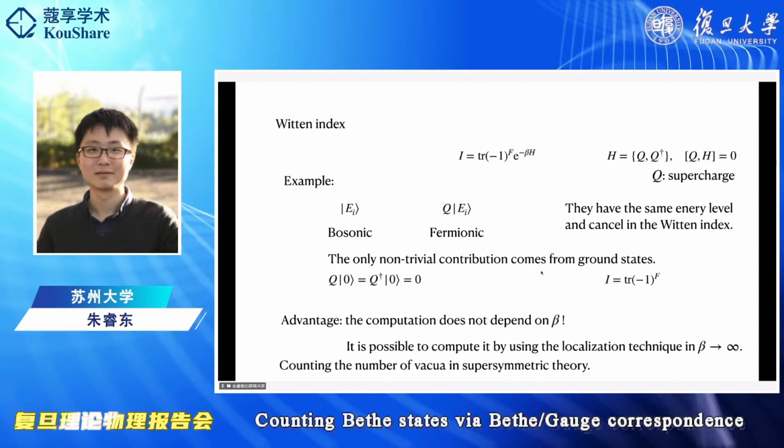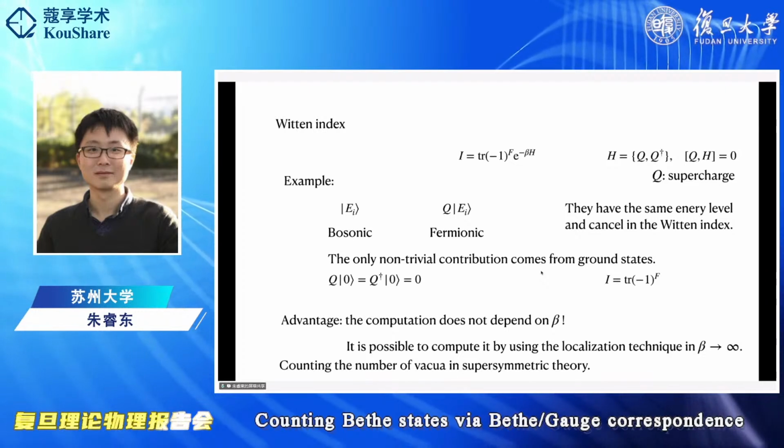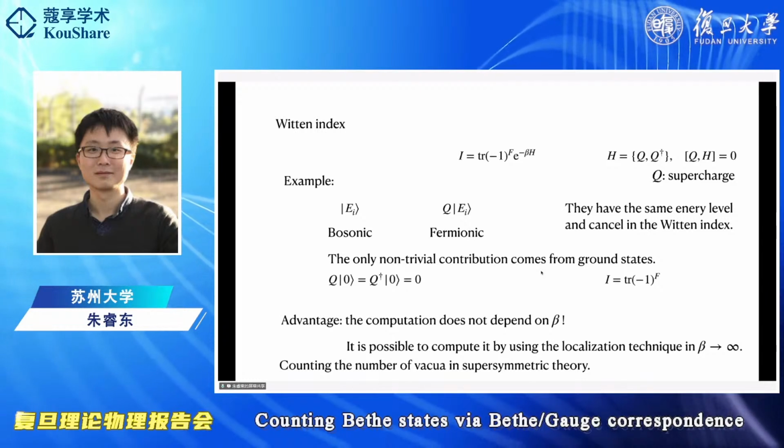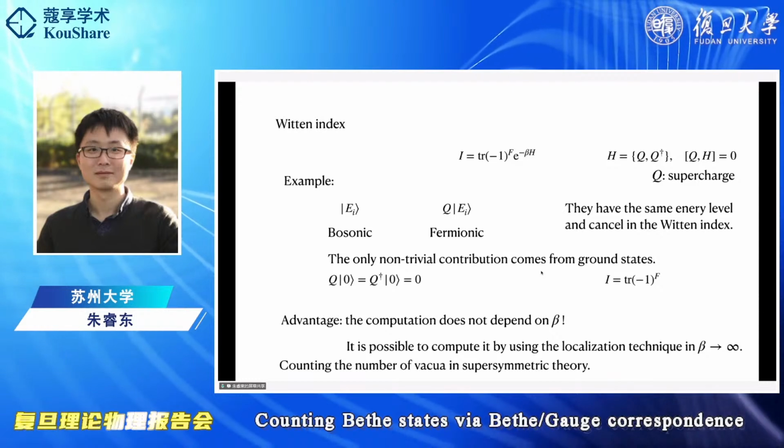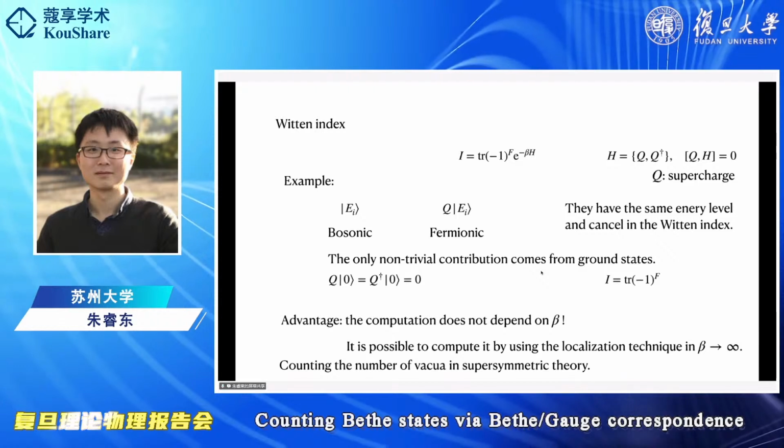It's a symmetry of our system. So actually in the Witten index, because they have different numbers of fermions, they cancel with each other. So at the end, we will see that the only non-trivial contribution comes from the ground states that are killed by the supercharge, and they have zero energy. So actually it's exactly the same as just writing like this.